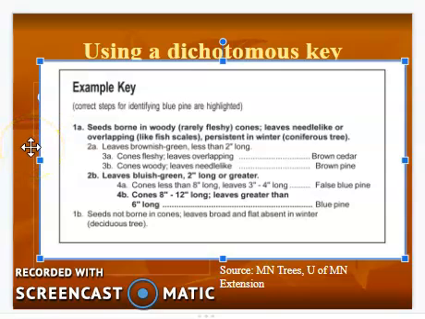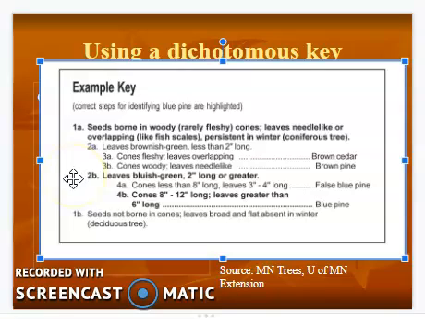If we were talking about a coniferous tree, if 1A is true, then we'd go down to 2A. Are the leaves brownish green and less than 2 inches long, or are the leaves bluish green and 2 inches long or greater? You'd have to pick between 2A and 2B. Let's say that 2B is correct.